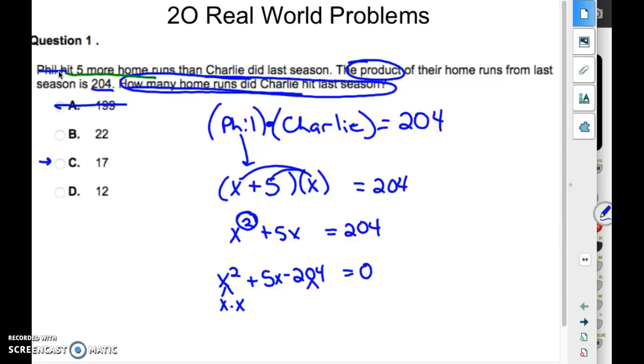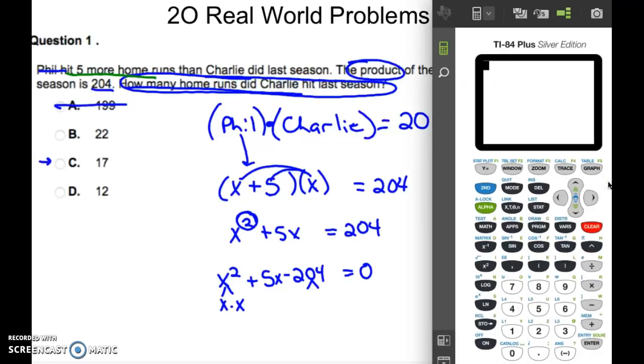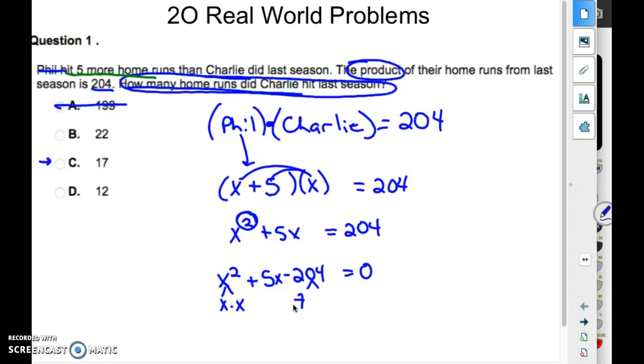I'm just going to guess and check with 17. So on my calculator, I'm going to take 204 and divide it by 17 to see if that goes in evenly. Okay, so 204 is 12 times 17.